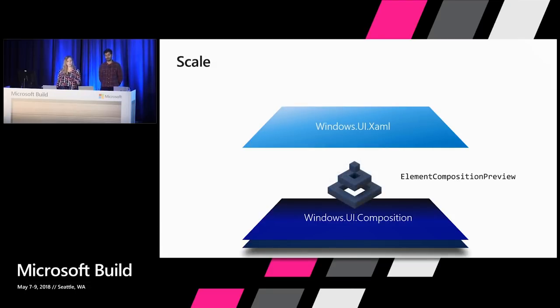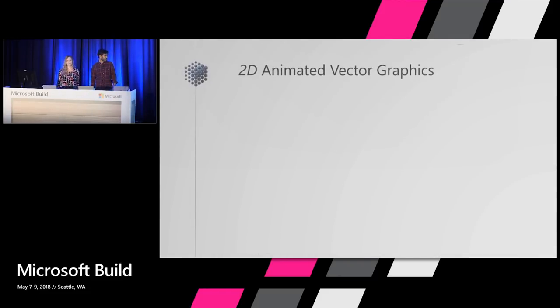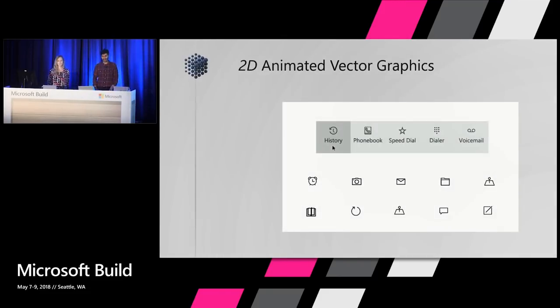And you can integrate any visual tree of content created using composition using Element Composition Preview. All of these interop points are mechanisms for complementing your existing XAML to add elements of dimensionality and are opportunities to craft differentiated experiences. So speaking of differentiated experiences, let's jump into the first one that you've been wanting to talk about for a while.